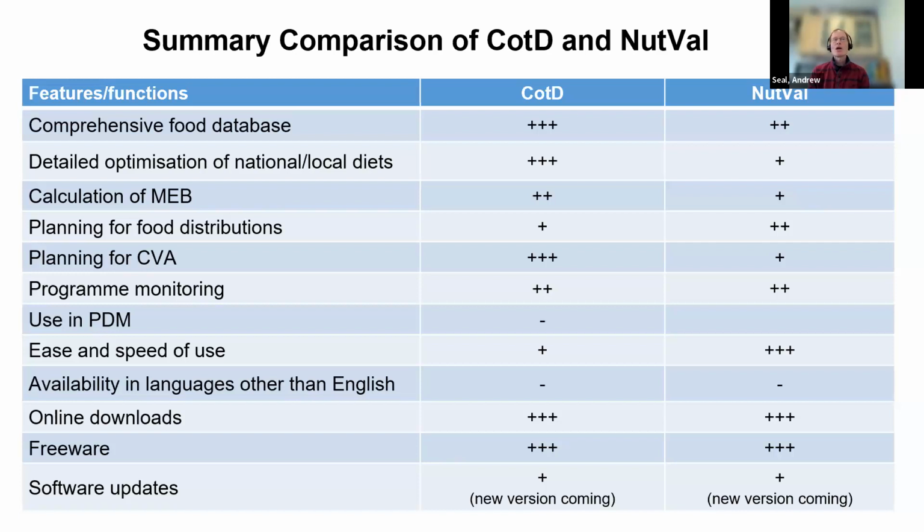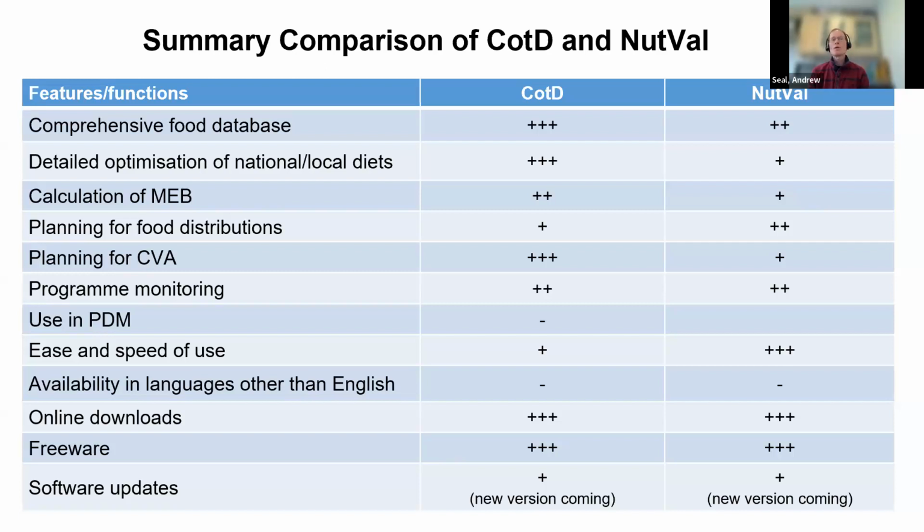They can both be used to help in the calculation of the MEB, but by themselves wouldn't necessarily be adequate to do that in all situations. NUTVAL is probably a bit better for planning food distributions, and both have a role in planning for CVA programs. In terms of ease and speed of use, people generally report that NUTVAL is relatively easier to use and requires less training and support.